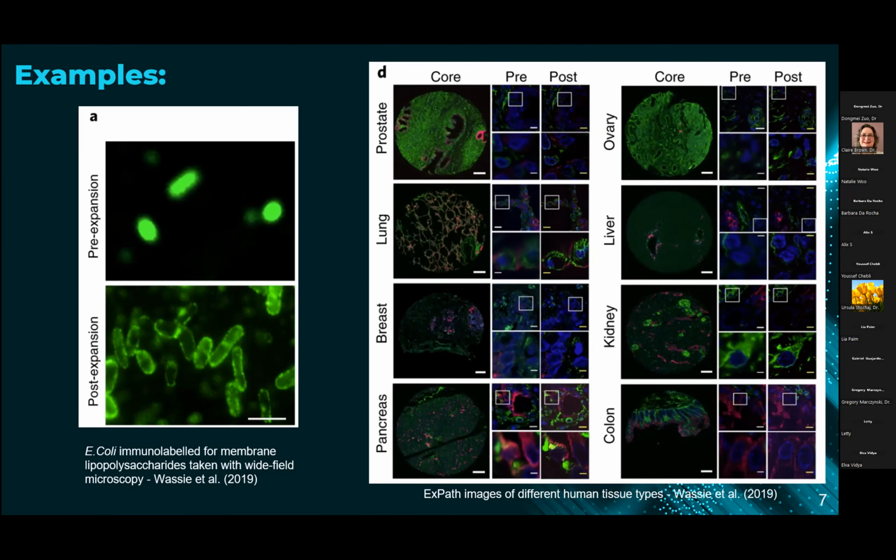And then here on the right, this is known as XPath, images of different human tissue types. So, yeah, you can study most things, like the prostate, lung, breast, pancreas, colon, kidney, liver, ovaries. So these are very expandable tissue types. Some people have suggested trying bone.